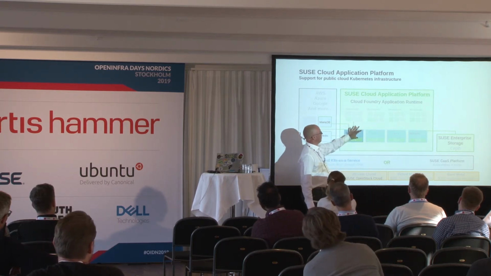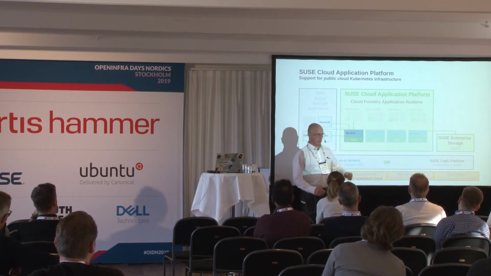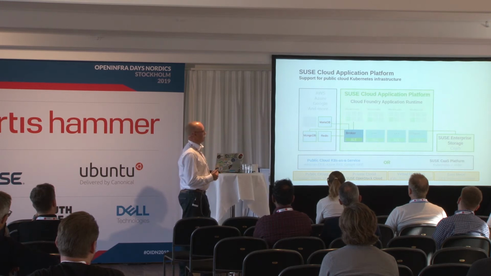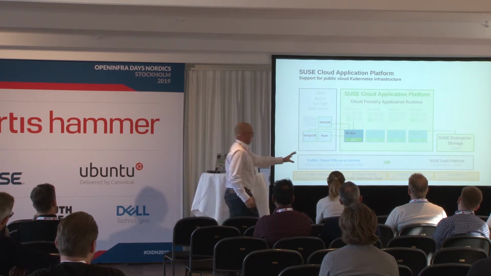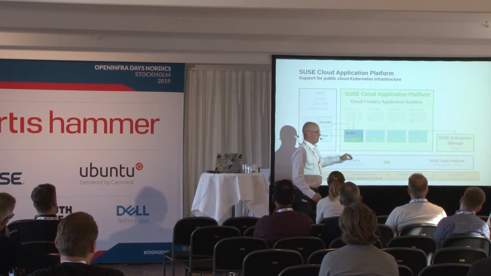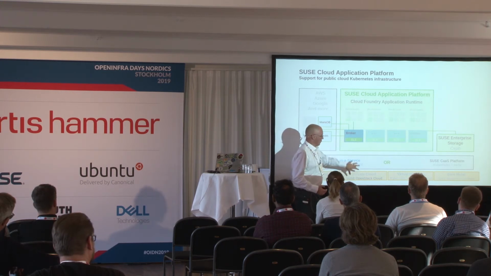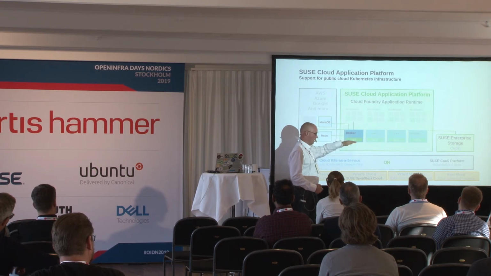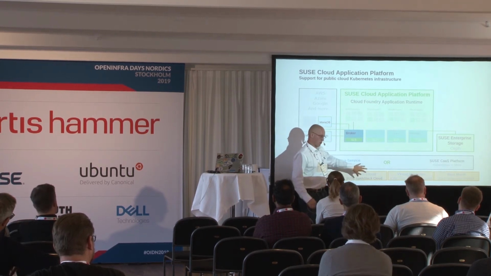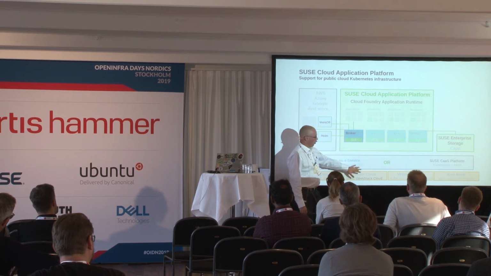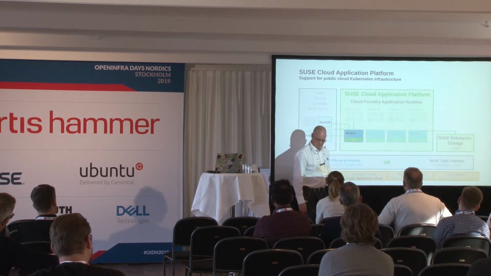And on top of that, we have SUSE Cloud Application Platform, which is a Cloud Foundry implementation. So depending on where you are on your journey to deploy software, you might stay on one level. Either you run your software directly on your hardware or on your operating system, or you climb up the ladder.